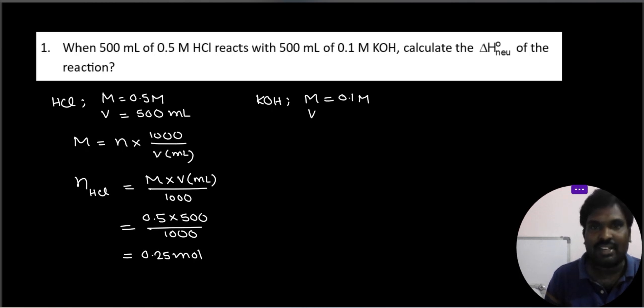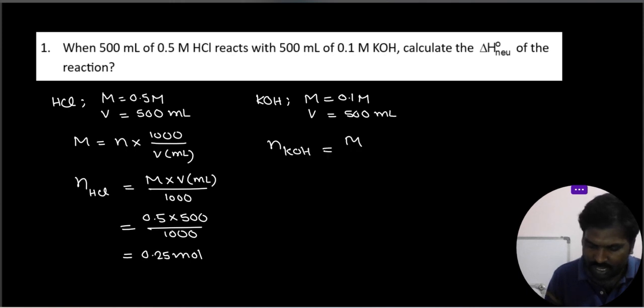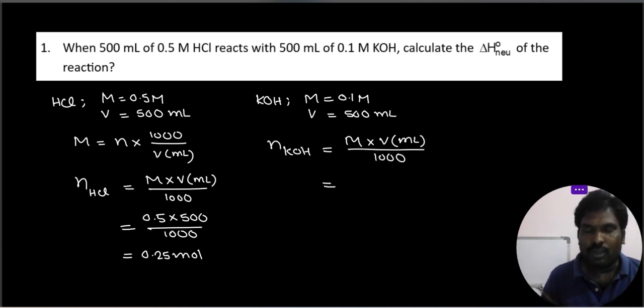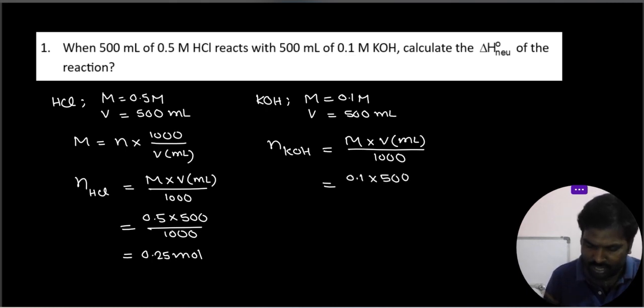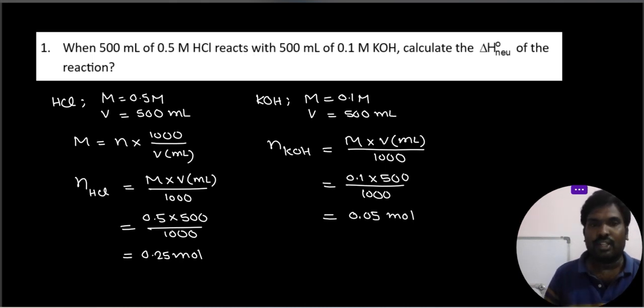KOH volume how much is given? 500 ml. Then moles of KOH equals molarity into volume in milliliter by 1000. Molarity 0.1, volume 500 by 1000. Then what is the value? 0.05 mole. Understood or not?